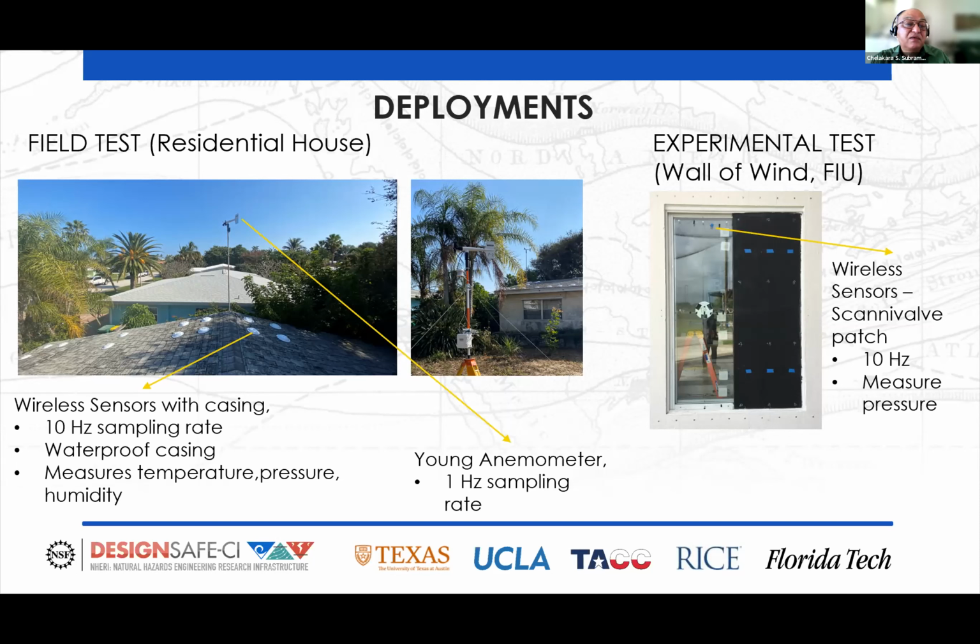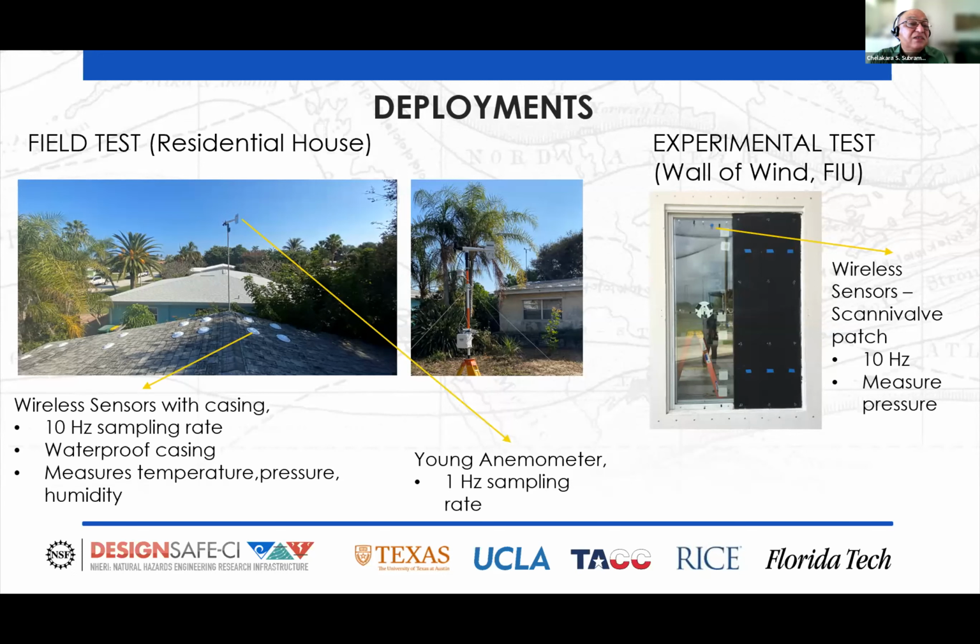Now we are also working on transferring that data in quasi real time to DesignSafe, where we can analyze the data and visualize what is happening. As the hurricane happens, it may not be instantaneous; there may be a slight delay of 5 to 10 minutes after the event happens on the house, but we can see the pressure distribution.